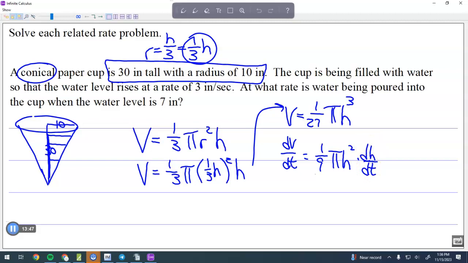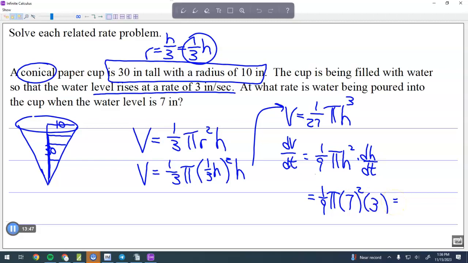And then I think we know everything else. So 1/9 pi h, well, the water level is 7 inches, so that's 7 squared, and then dh/dt. The water level rises at a rate of 3. So rises makes it positive. It's going to be positive 3.